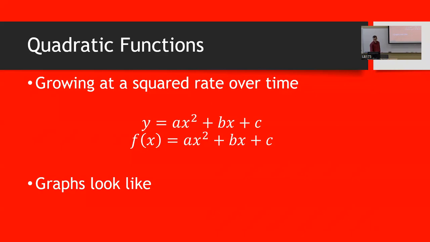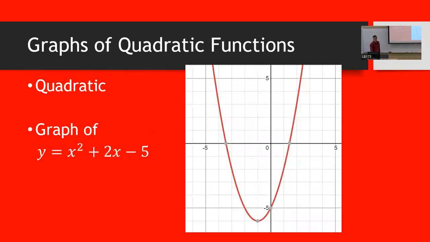It turns out, if you have a quadratic function, the graph is known as a parabola. This is a parabola that's what I call pointed up. Y equals x squared plus 2x minus 5. Here's a graph that's pointed up.